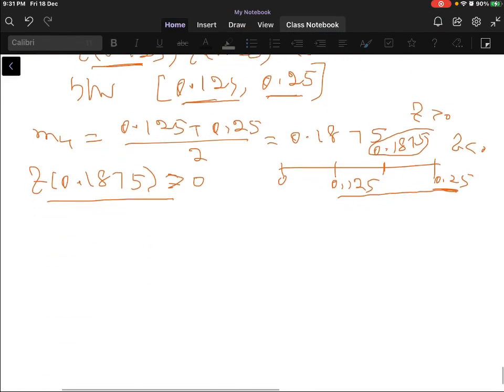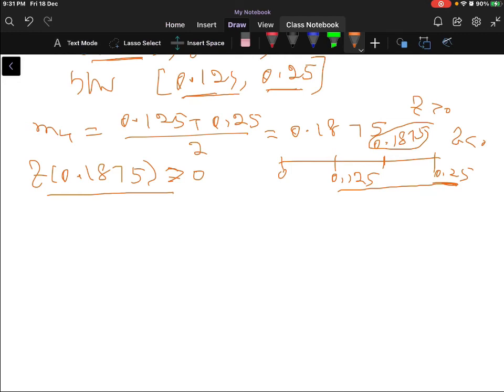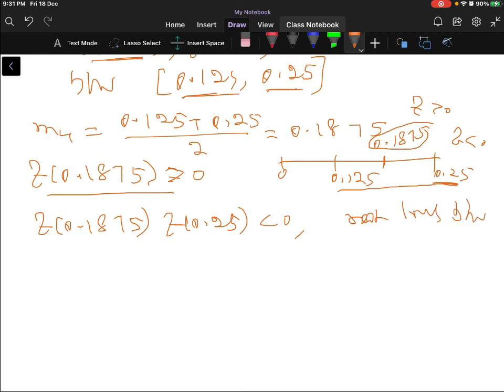Therefore the product is negative. Here you can observe that f(0.1875) × f(0.25) is negative. Therefore the root lies in the interval (0.1875, 0.25).